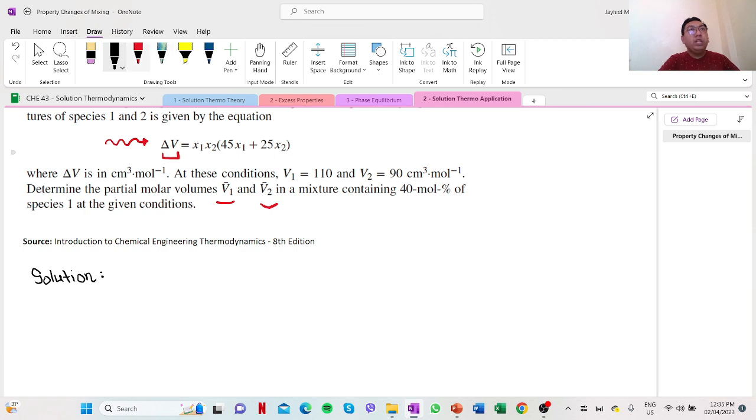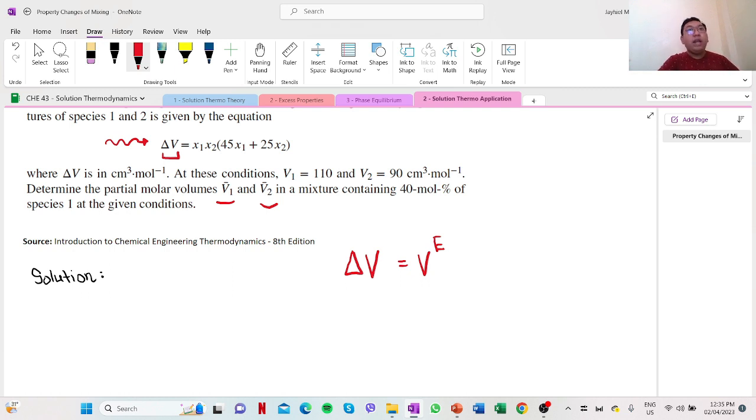So we can actually do this by establishing that the relationship between the volume change of mixing and excess volume is that both of them are equivalent. Whatever volume change on mixing values you were able to obtain, it's actually equal to the excess molar volume of that mixture. Okay?